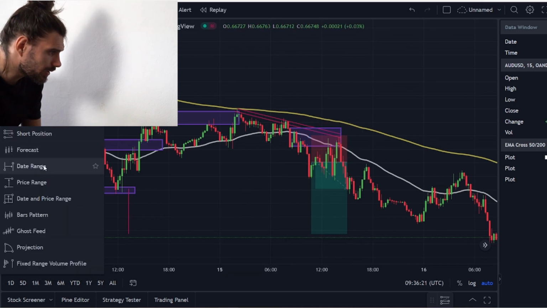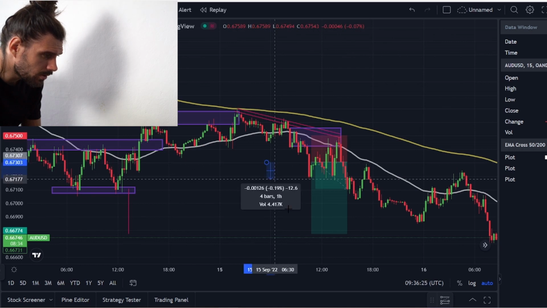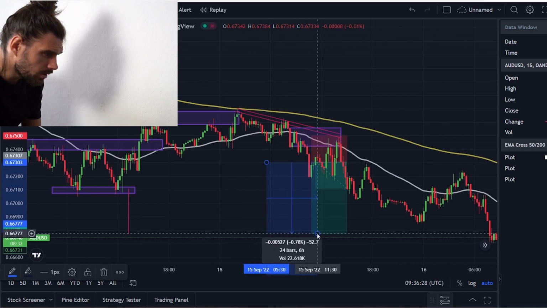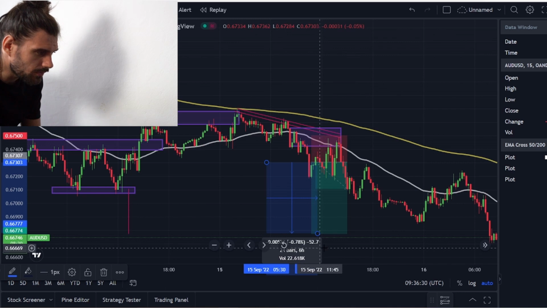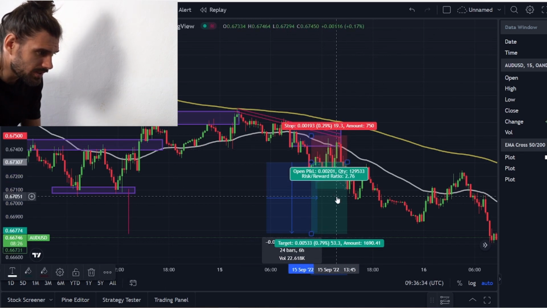If we calculate our target, so here we had a profit of around 53 pips with a risk reward of 2.76. So our trade and our take profit was really good, as you can see.